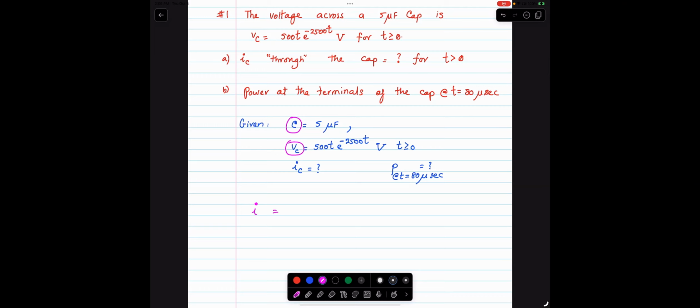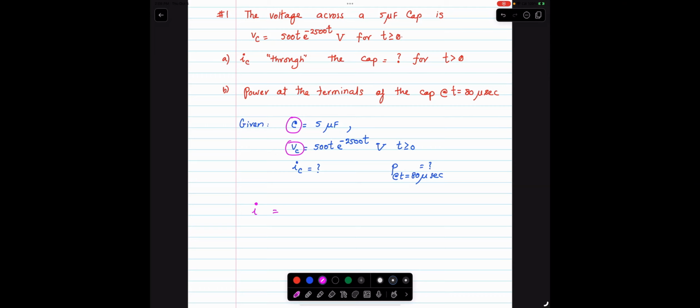C is given, and then that should give us the current. So mathematically speaking, it's still a derivative. Okay, so I'm going to leave it there with a little bit more insight, perhaps. We have seen and solved a similar problem already.